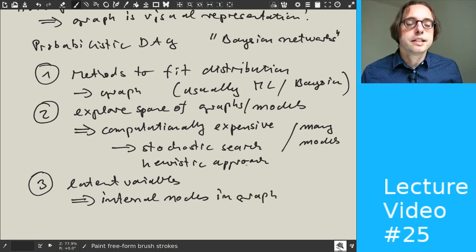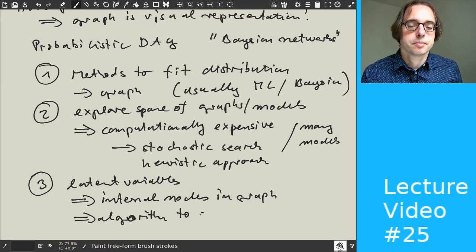And in a DAG particularly, there are some tricks to speed up the computation. For instance, if you want to compute the likelihood, you can do it in a naive way and you can do it in a clever way, so there are some algorithms to speed up the computations.